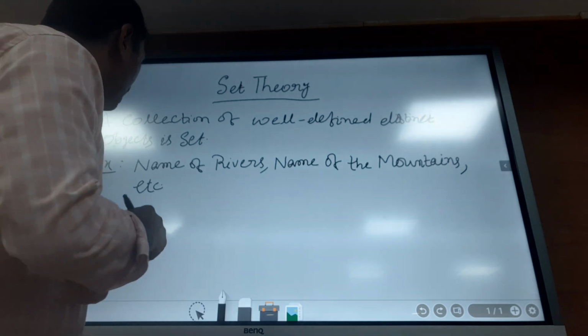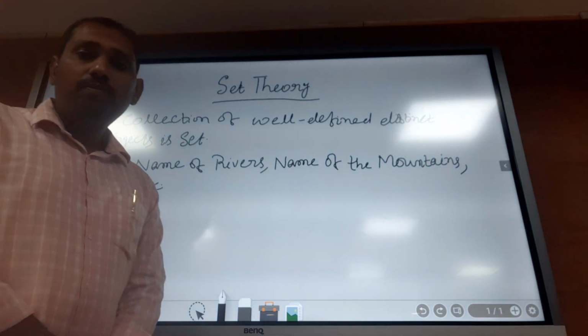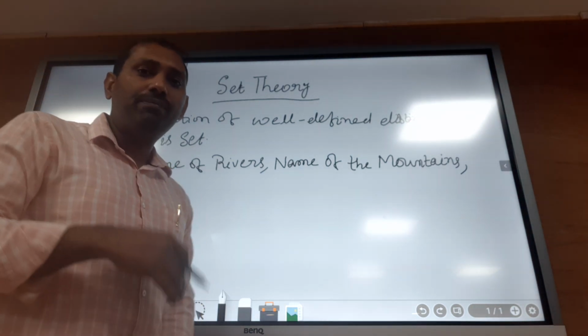Now, the objects in the set are called the elements or the members of the set.